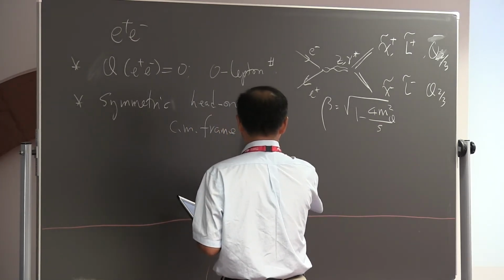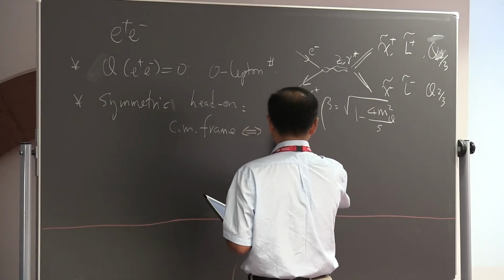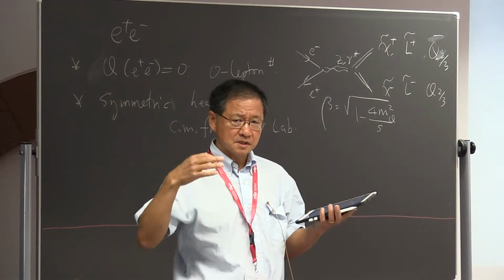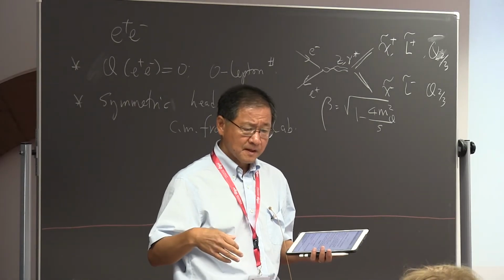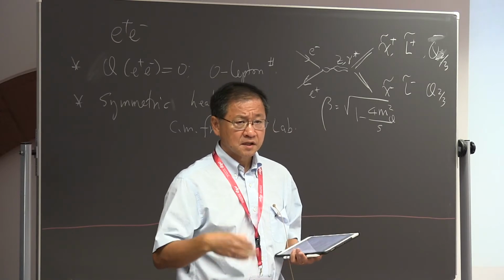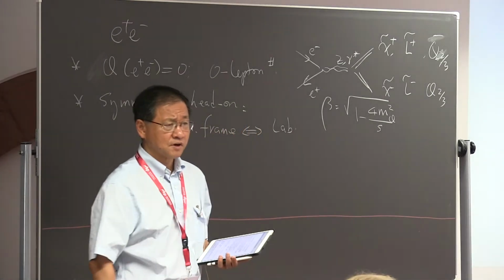So the center of mass frame is equivalent to your lab frame. There's no confusion. It's the same frame. You sit in the lab at rest, and then the e+e- system head-on collision will give that. Therefore, the kinematics is very well defined.